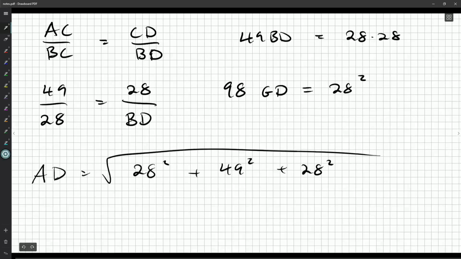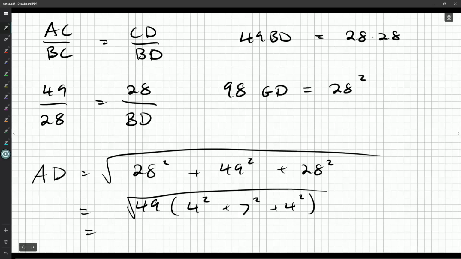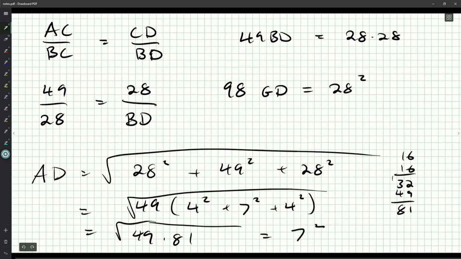Now I can take out 49 from both of these. So 4 squared plus 7 squared plus 4 squared. Square root it. So we'll have the square root of 49, 16, and 16 is 32, plus another 49 is 81. So this is 7 squared times 9 squared. The square root of that is 7 times 9. And our final answer is going to be 63.